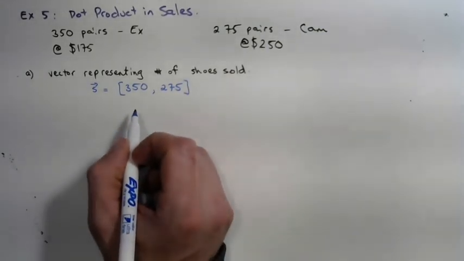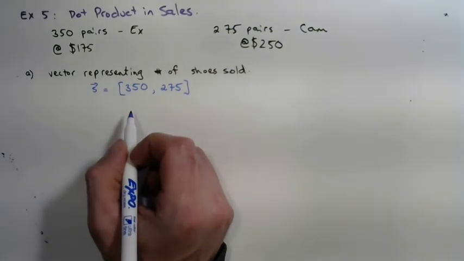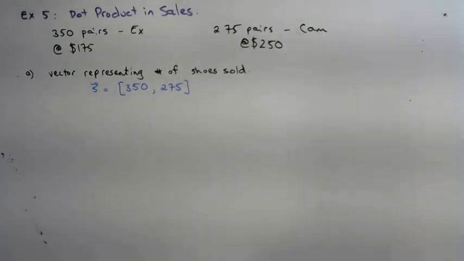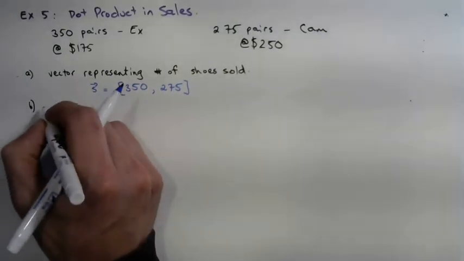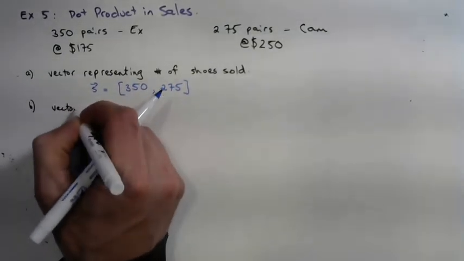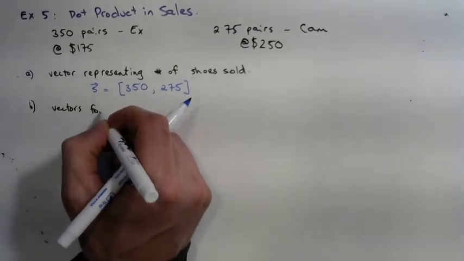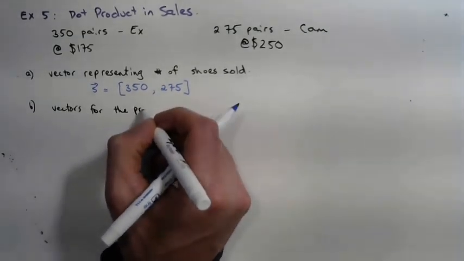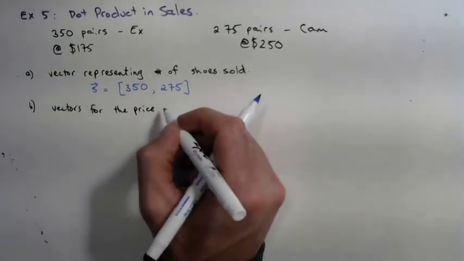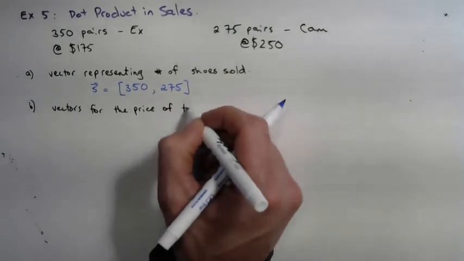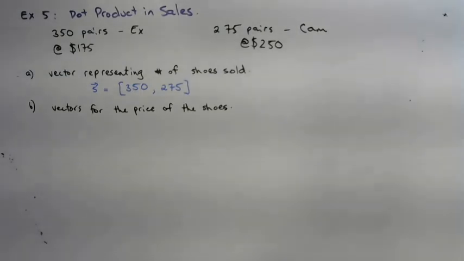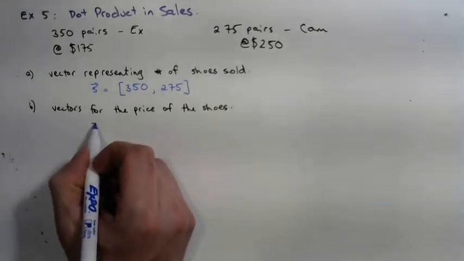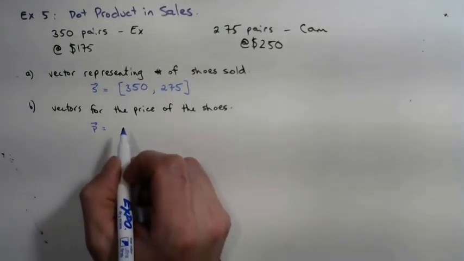Now we need a Cartesian vector to represent the price of each pair of shoes, a vector for the price of the shoes.